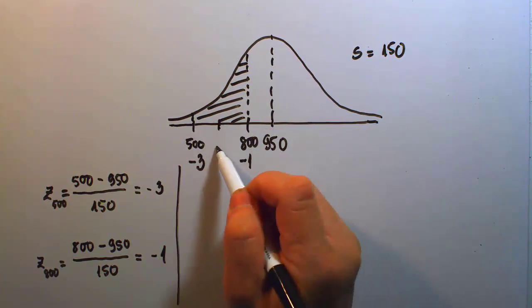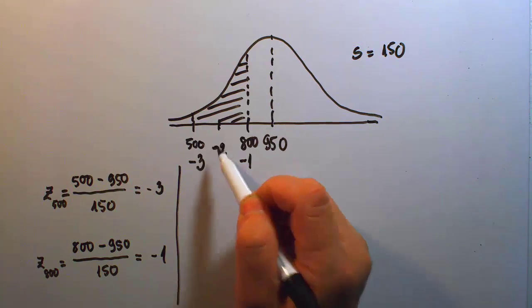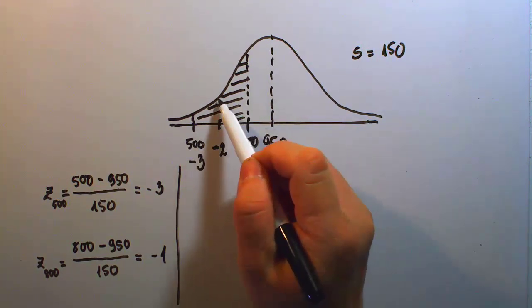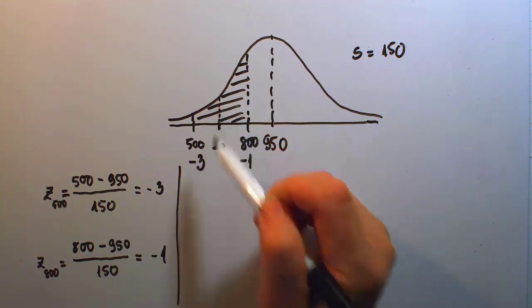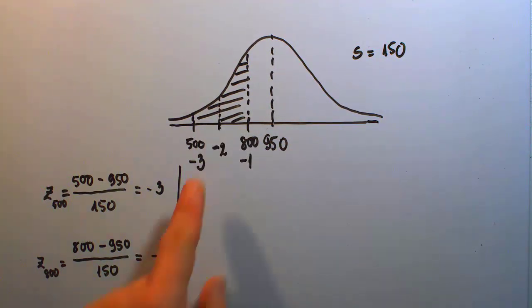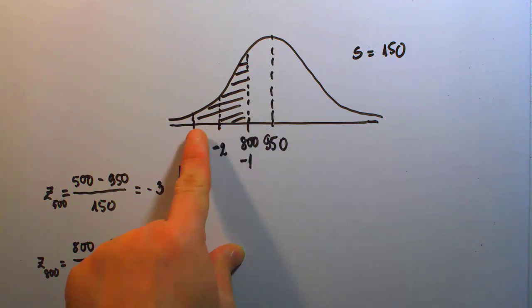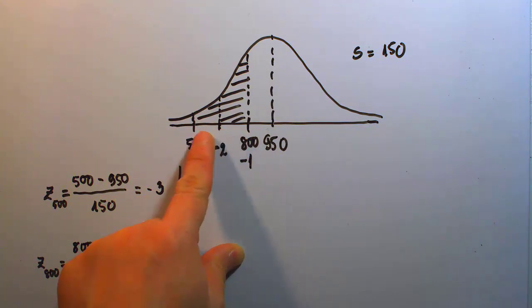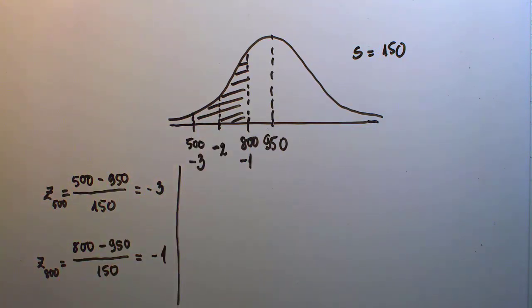That point is negative 2, indicating 2 standard deviations below mean. So now I'm going to create another thin cut in between. And so obviously the area that I'm shading here can be broken down into 2 smaller pieces of area, which can come directly out from our graphing picture.